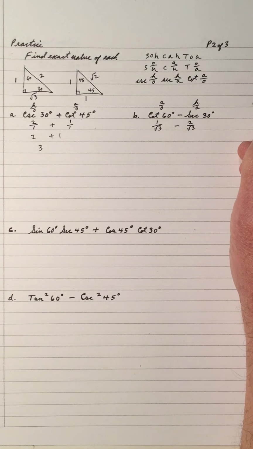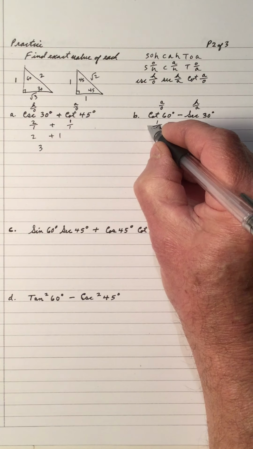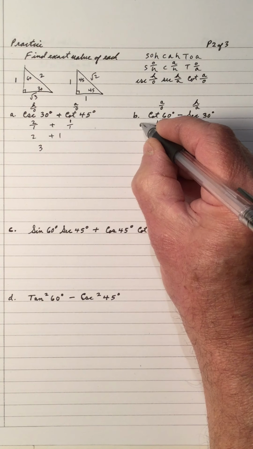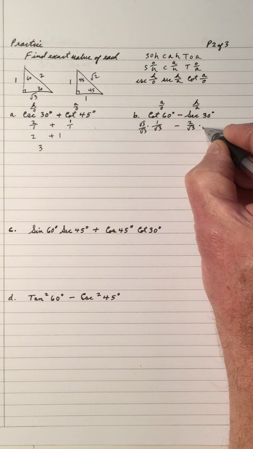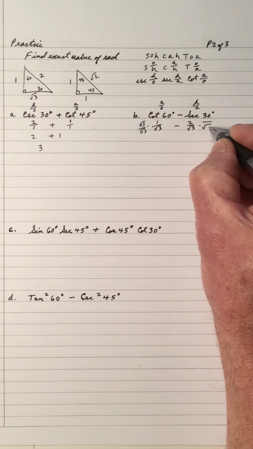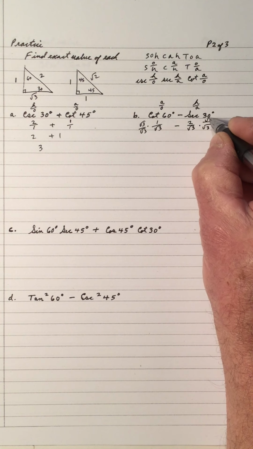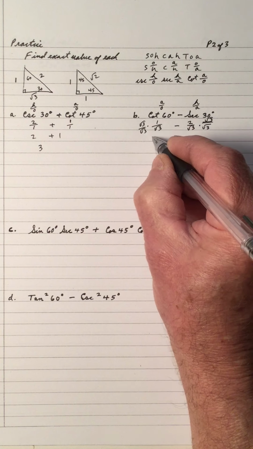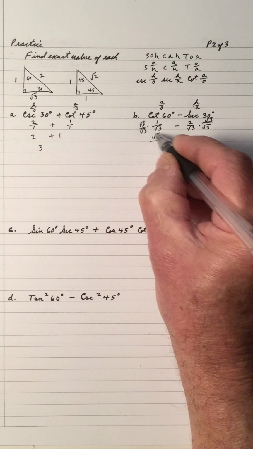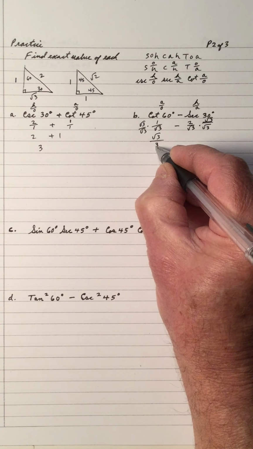And I could subtract these right now, but let's simplify each one first. 1 over root 3. The denominator is root 3, so I'll multiply by root 3 over root 3. Root 3 times 1 is root 3. Root 3 times root 3 is 3.